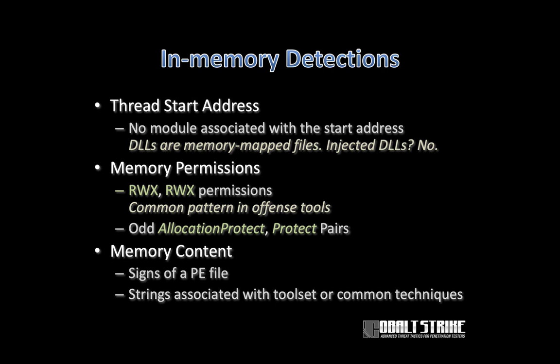Memory permissions are another useful property to find memory-injected DLLs. Each region of memory has an initial state and a current state of its memory permissions. Both are observable. Read, write, execute permissions are a common pattern in offense tools and something used to find offense tools when using in-memory techniques for hunting.